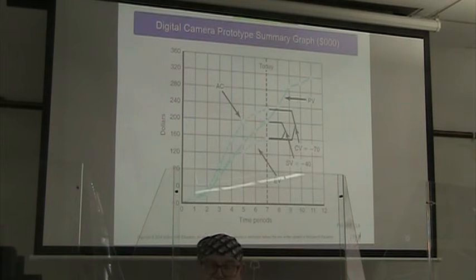The difference between our actual cost and our earned value is the cost variance of negative $70,000. The difference between our earned value and our planned value is our schedule variance of negative $40,000.